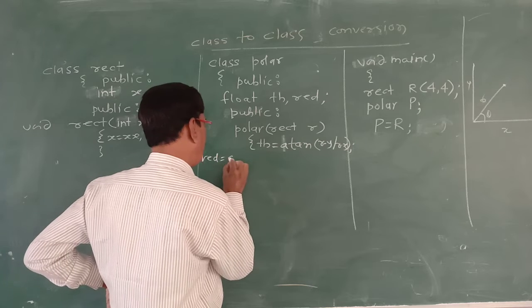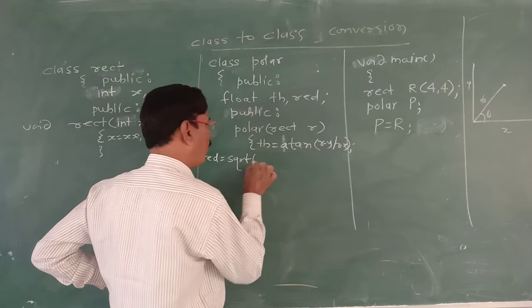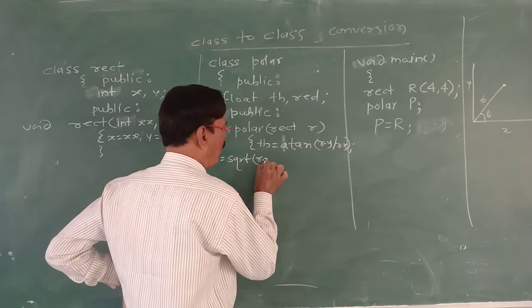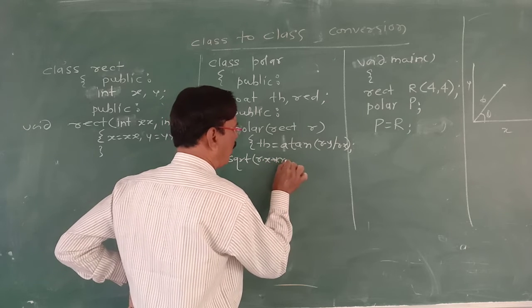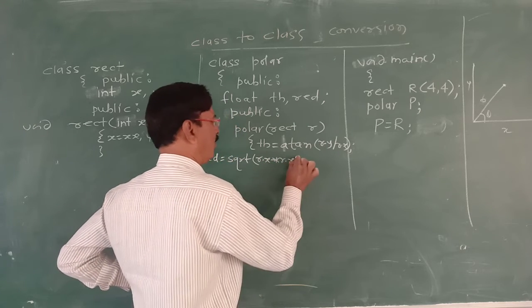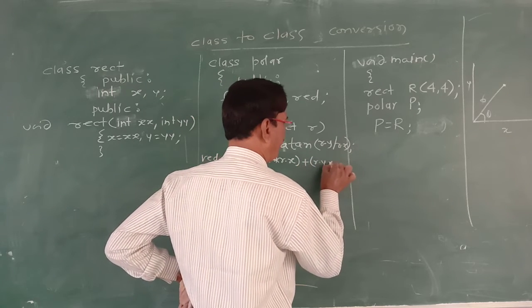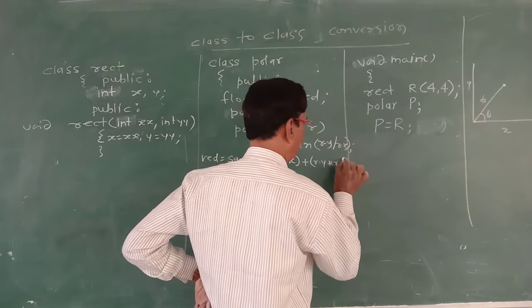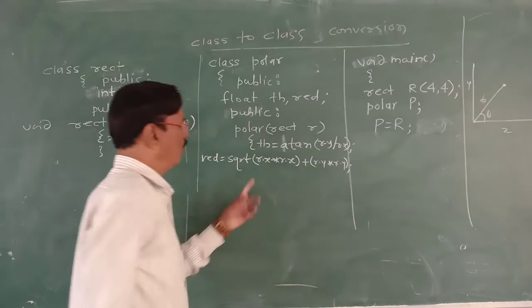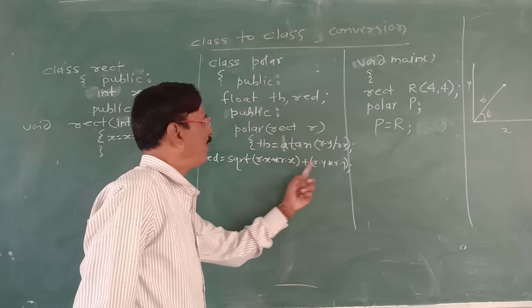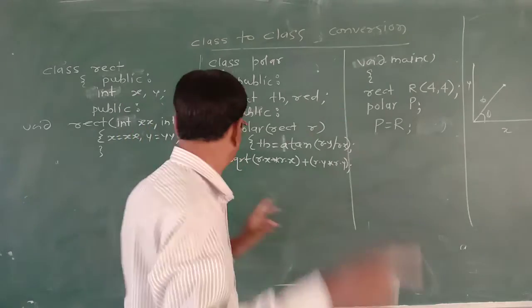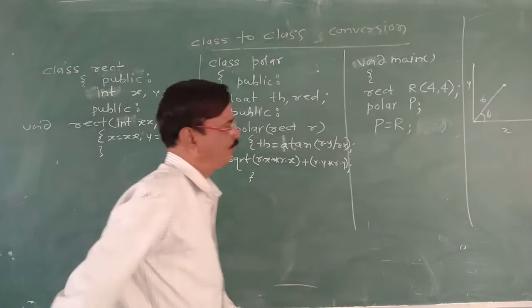Radius is equal to the square root of r dot x multiplied by r dot x plus r dot y multiplied by r dot y. So x square plus y square under root will give the radius.